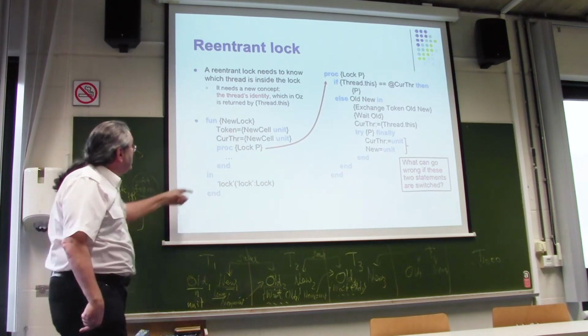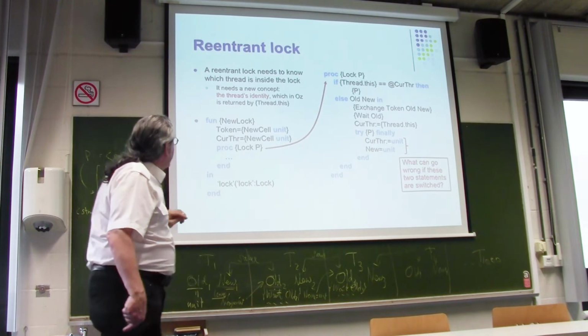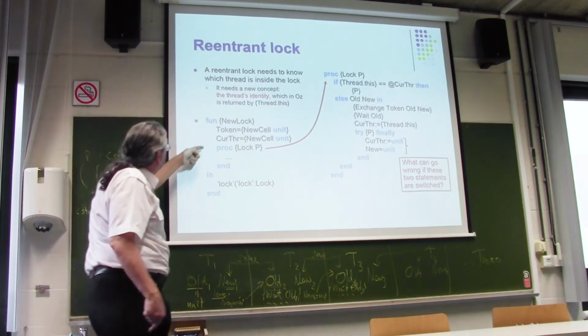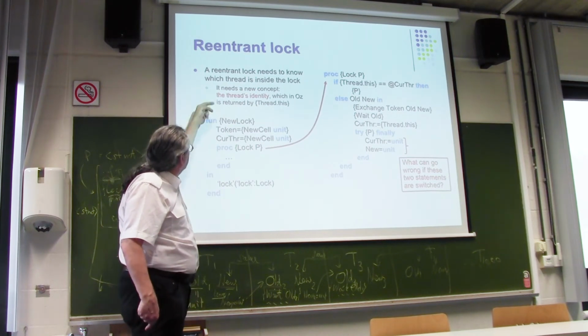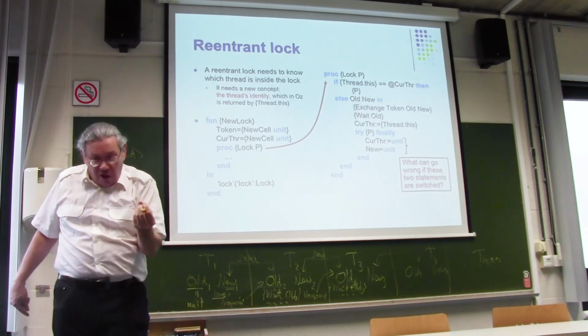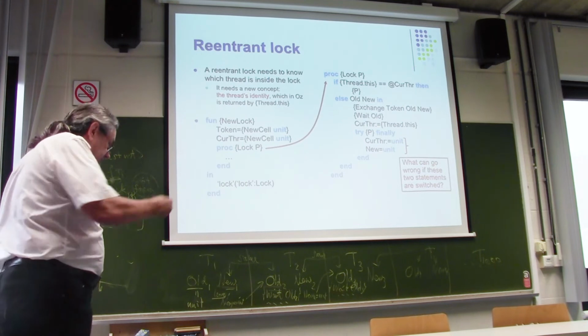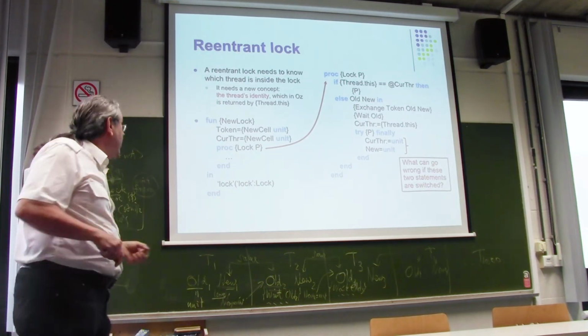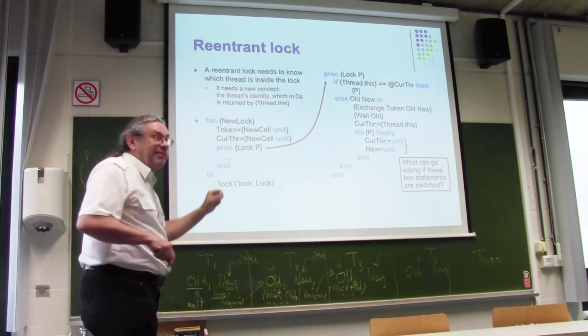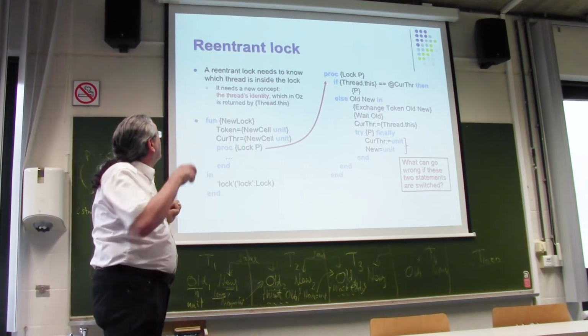So we need another cell that tells me who is in, and we need a new concept. We need identity of the thread. Every thread has to have like a name, like this is thread George, this is thread Bob, this is thread Ronald. So the threads need names.